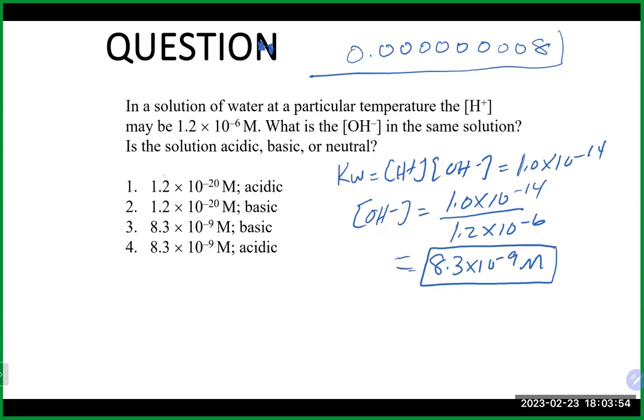In this case, that eliminates these two for sure. So at this point, what we want to look at is the concentration of H plus, which is our 1.2 times 10 to the minus 6, versus our concentration of OH minus, and which one is larger in this case. It is the H plus concentration.